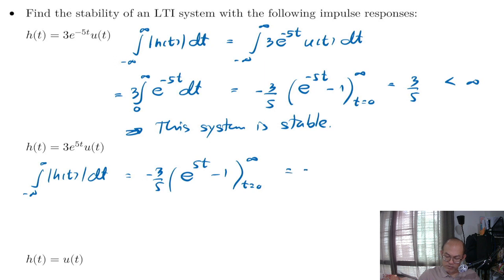So in this integral, I have e to the infinity, right? And that is, I'm sorry, this is 3 over 5 times infinity. And that is infinity. So this system is not stable, because this integral is not finite.